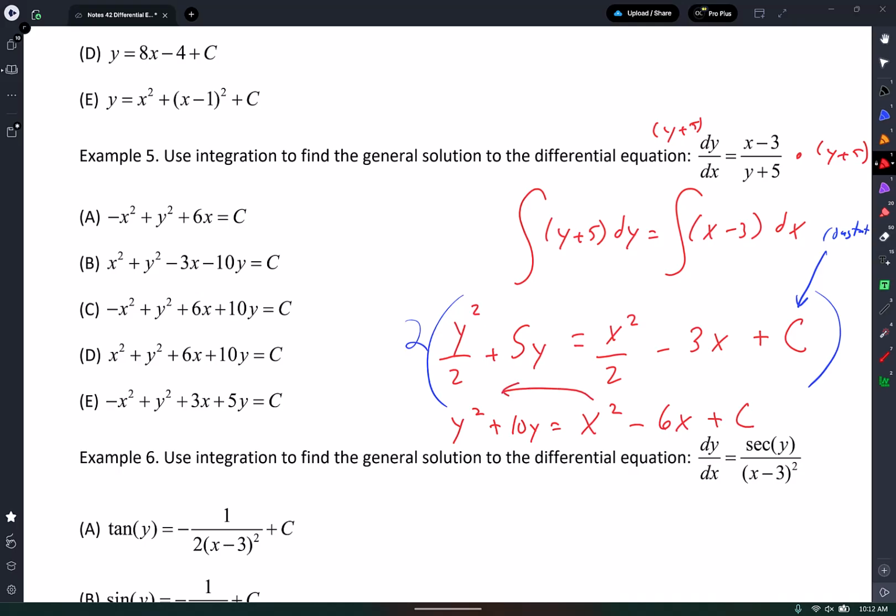So I have y squared minus x squared plus 6x plus 10y equals c. So let's look for that first. Is it in there? Yes. Is it C or D? It's C, right? There it is.